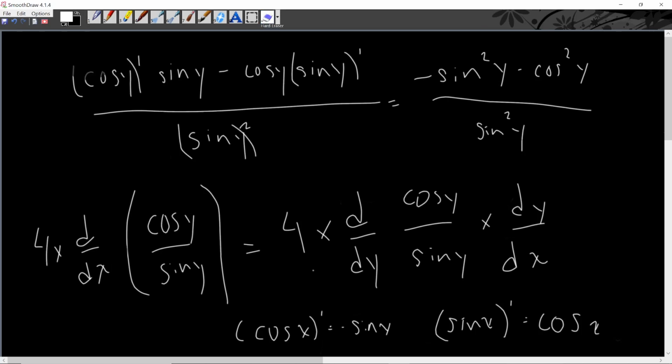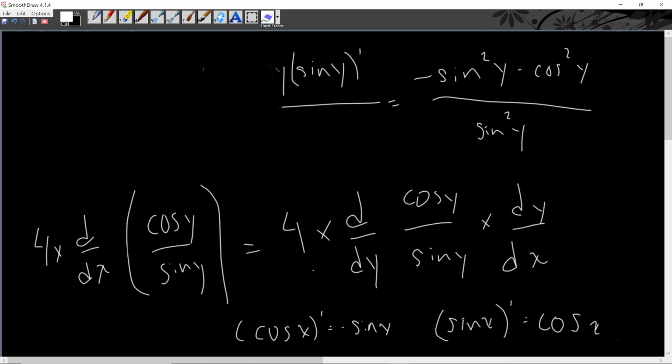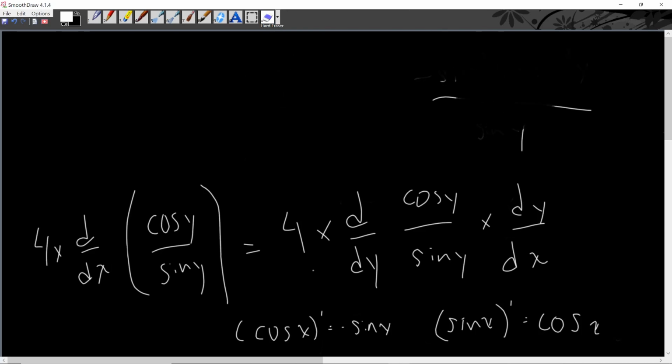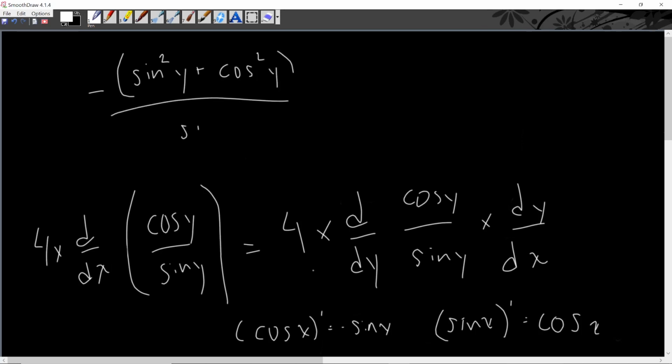And now from here, you might be able to see that we can factor out a negative on that numerator. Since both of these have negative in common, we'd have negative pulled out in front, negative sine squared y plus cosine squared y, all over sine squared y. And for all of our trig friends, we know that sine squared plus cosine squared is equal to 1.